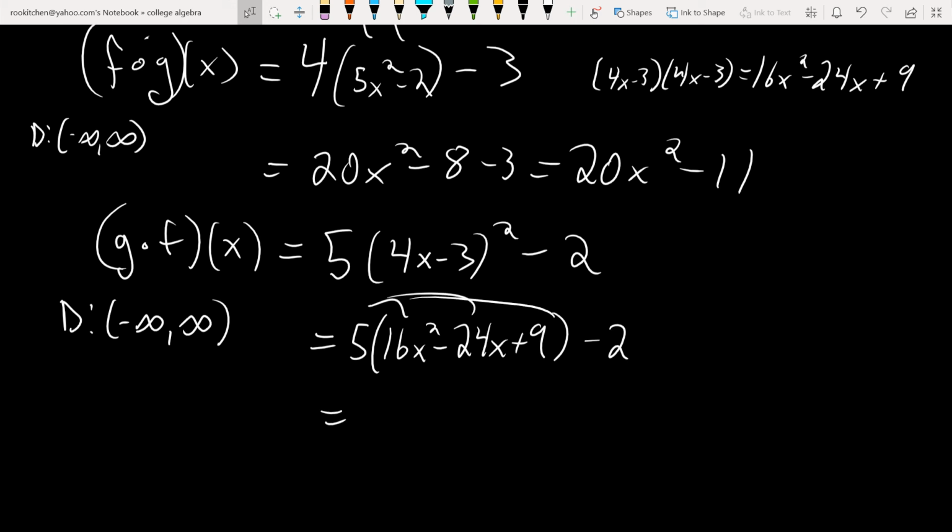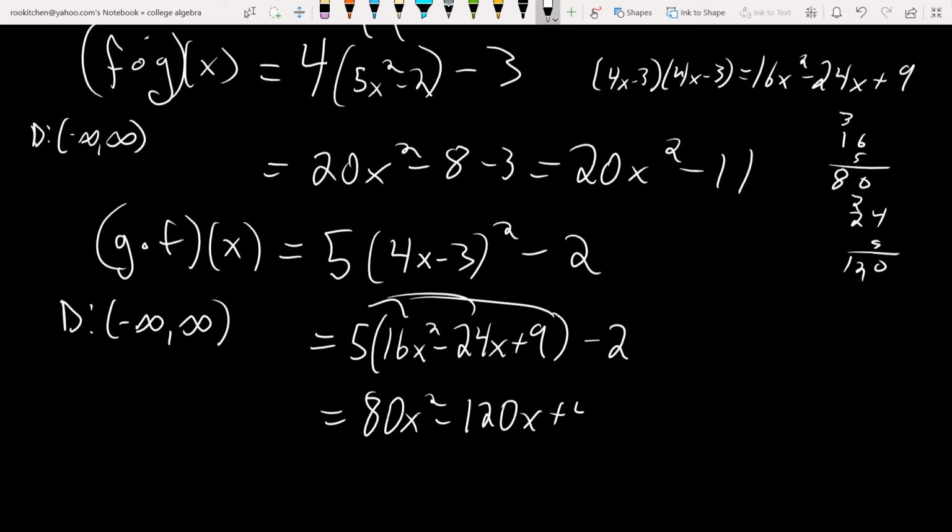And then I've got to distribute. So we have 16 times 5, so I have 80x squared, minus 24 times 5, 120x, plus 45 minus 2. Combine like terms and you are done. 80x squared minus 120x plus 43.